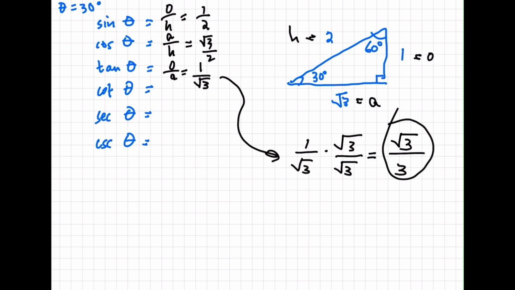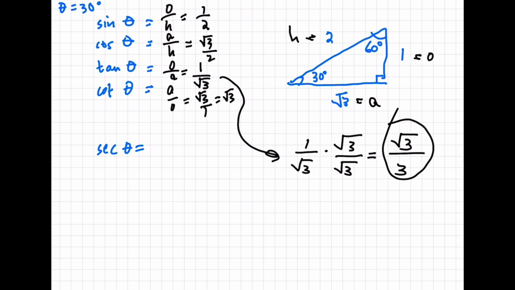Then for the cotangent, that's just the reciprocal of the tangent, so adjacent over opposite. This is square root of 3 over 1, or square root of 3. Secant is the reciprocal of cosine. So what is our secant? Again, it's the reciprocal of our cosine.